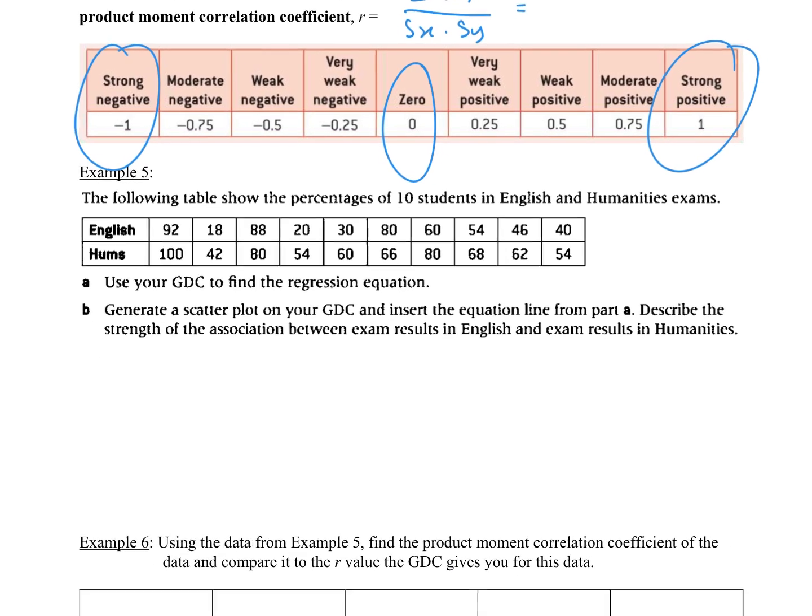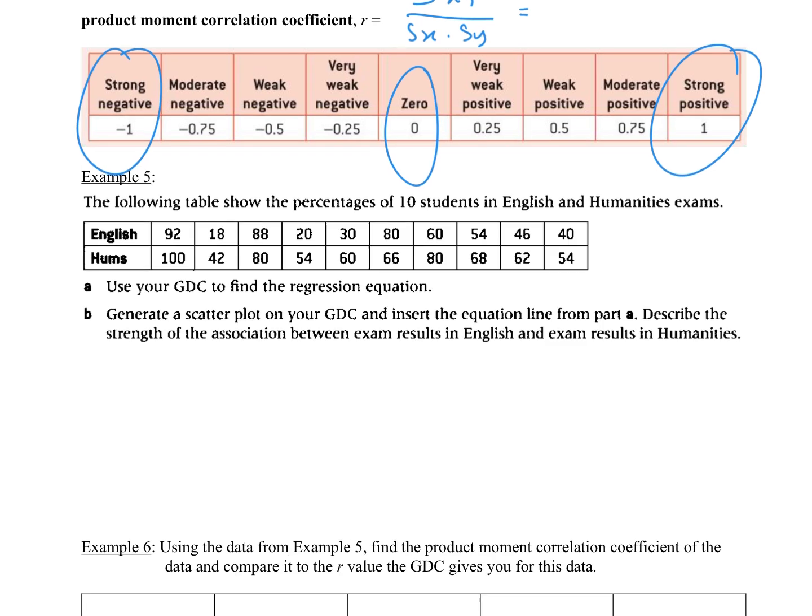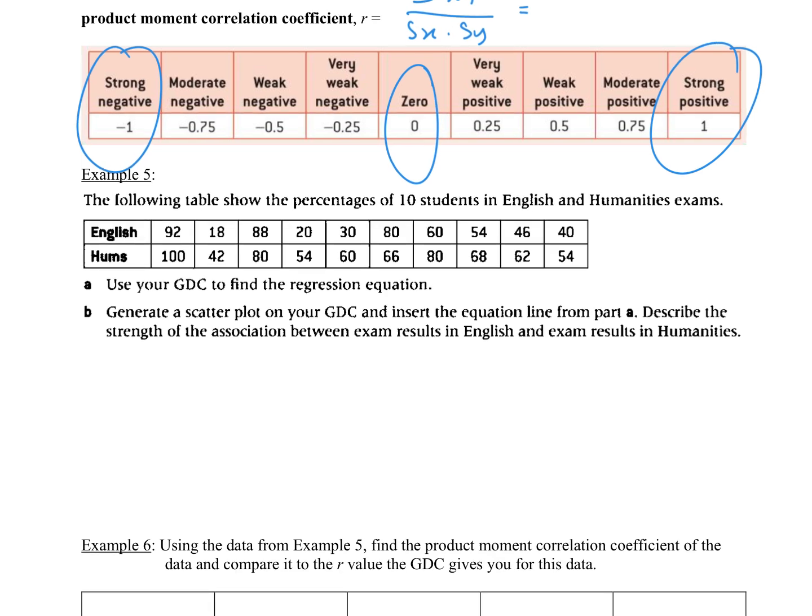So let's look at example 5. The following table shows the percentages of 10 students in English and humanities exams. Use your GDC to find the regression equation. I hope you remember how you could use your GDC to find your linear regression. Remember to enter the two lists and then get the linear regression.